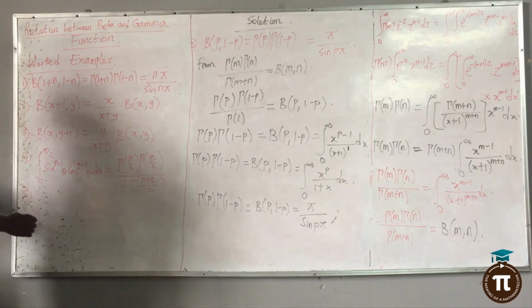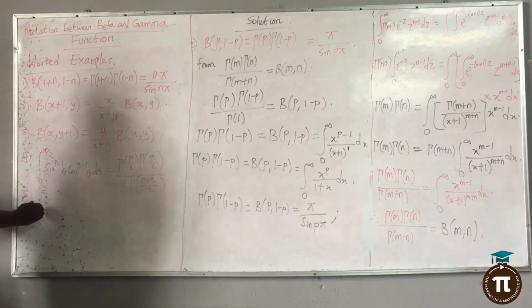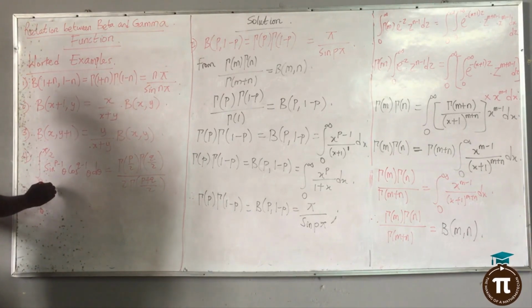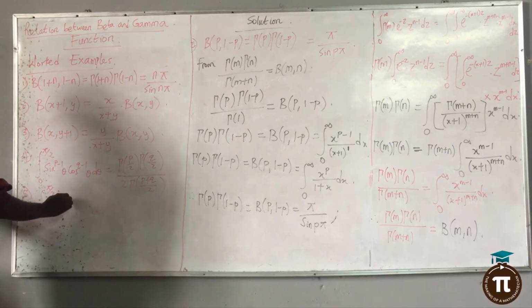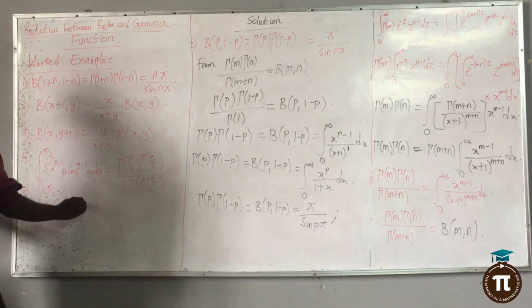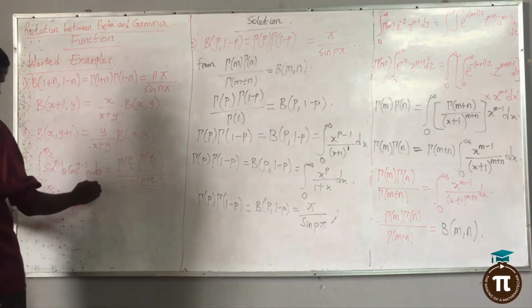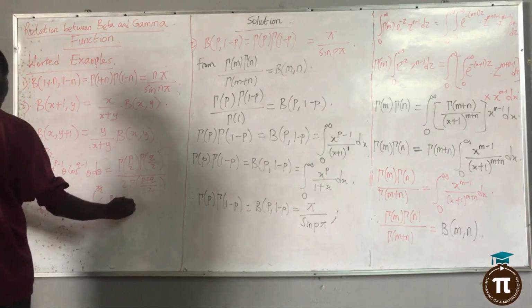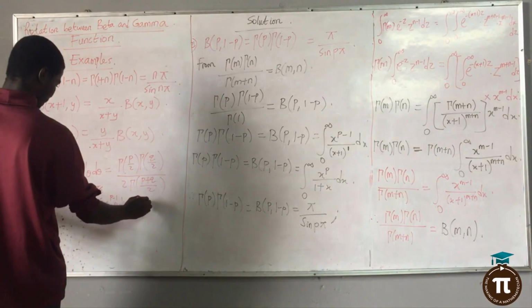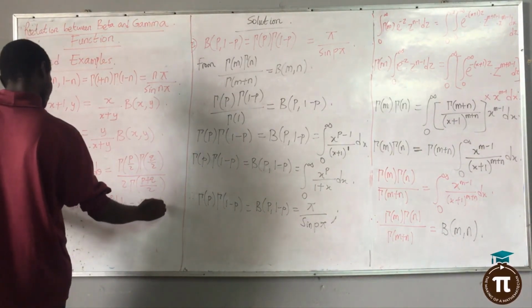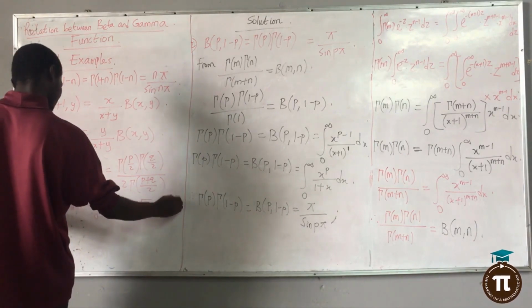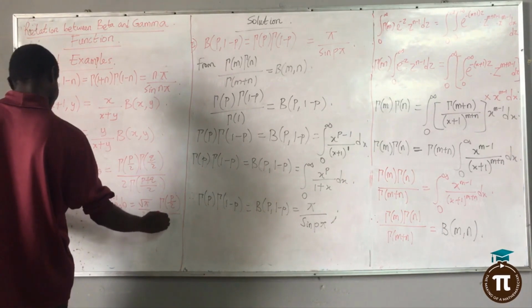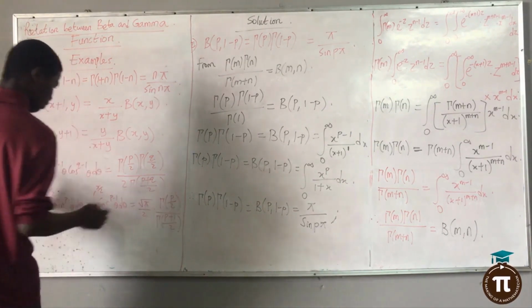Number 5, we need to show that the integral from 0 to pi over 2 of sine to the power p minus 1 theta d theta is also equal to the integral from 0 to pi over 2 of cos to the power p minus 1 theta d theta, which is equal to root pi over 2 multiplied by gamma of p over 2 over gamma of p plus 1 over 2.